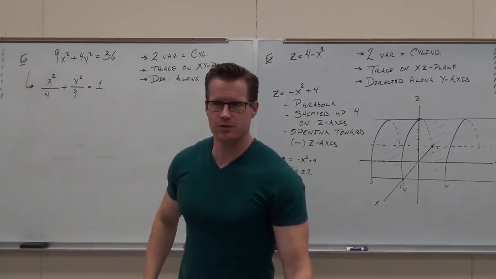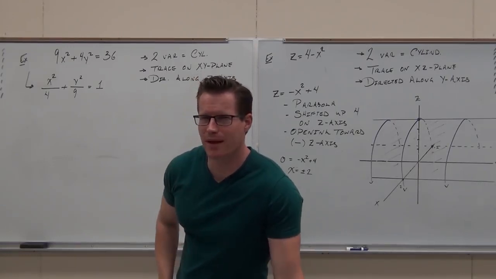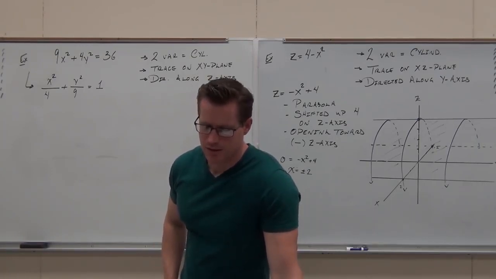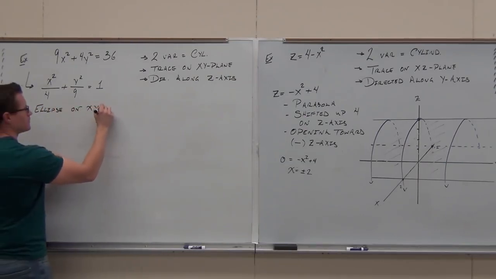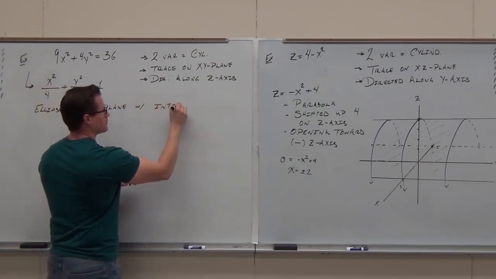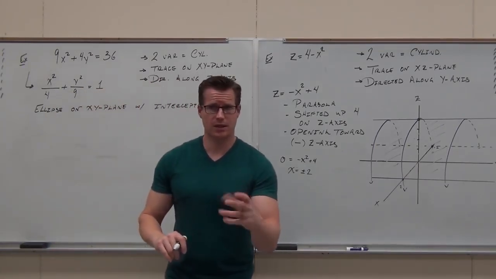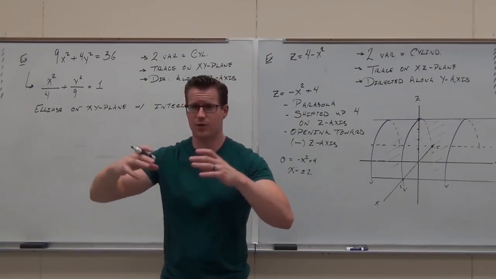Some of you are wishing right now that you knew a little bit more about conic sections. Here's the deal. If you know that's an ellipse, and you know it's on what plane? XY. Well, if you knew that, you should be able to tell me the intercepts, how far it spreads out.